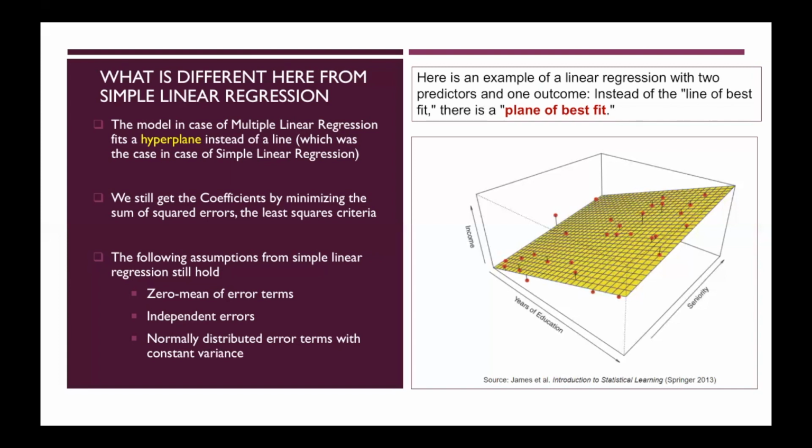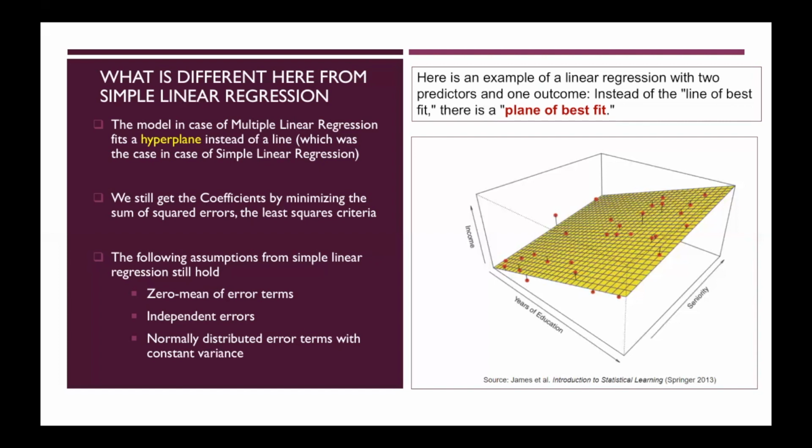If you remember, in single linear regression, we had a line called y equal to mx plus c. That was the line of best fit, and we had arrived at that line by minimizing the sum of squared errors. So the same process holds good here also. Only the thing will be, the number of coefficients will be more because the number of features are more.